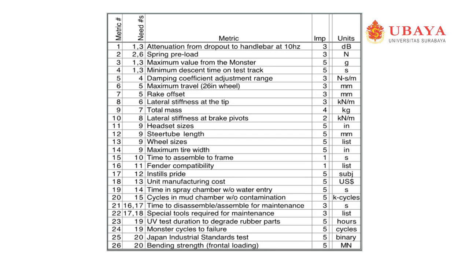The importance level is 3 with a unit of decibel, or dB. The rest, please take a look by yourself. Metric number 2, for example, corresponds to needs number 2 and 6, and so on.